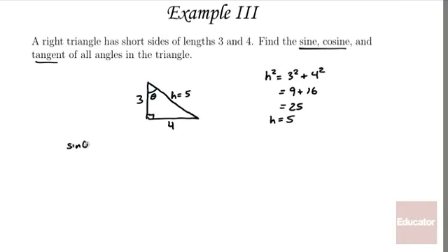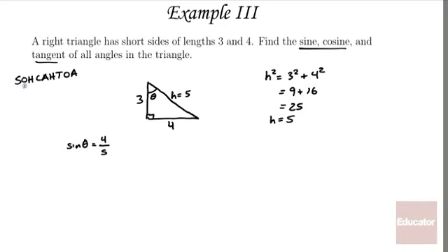Sine of theta, remember SOHCAHTOA. Let me write that down for reference here, SOHCAHTOA. Sine theta is equal to opposite over adjacent. So that's 4. That's the opposite side from theta over, sorry, I said sine theta is opposite over adjacent.